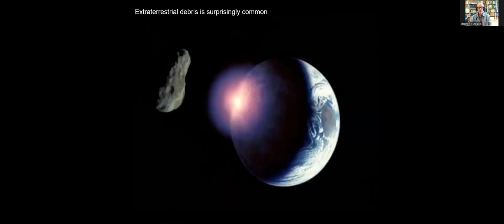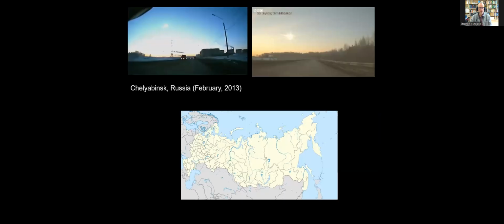So in order to understand what happened early in making the planets, we have to look at extraterrestrial debris, which is surprisingly common. About 20,000 tons per year fall on the Earth.